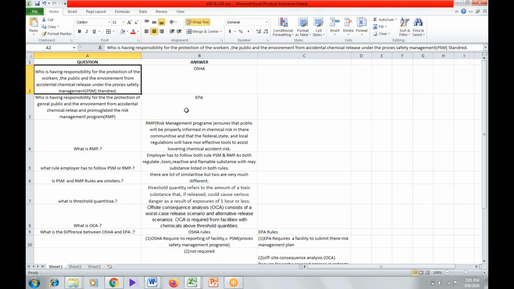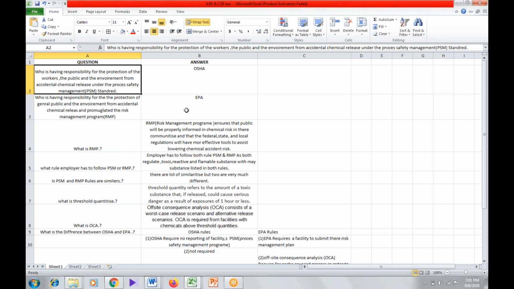So the employer has to follow both rules, Process Safety Management and Risk Management Program, PSM and RMP, as both regulate toxic, reactive and flammable substances, with many substances listed in both rules. The two rules are interrelated with each other. One is from the Environmental Protection Authority, EPA, and the other one is OSHA.